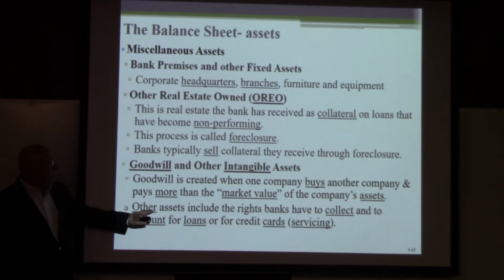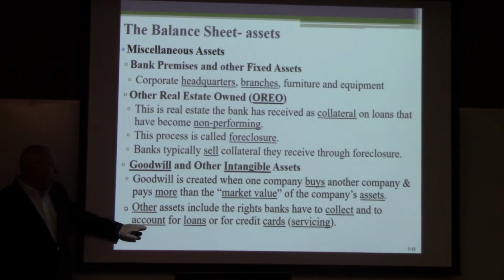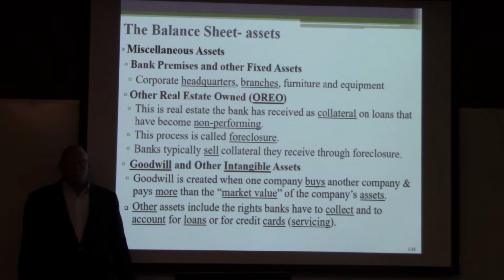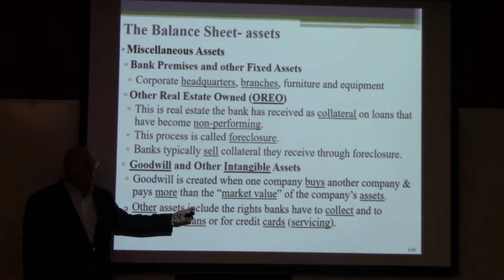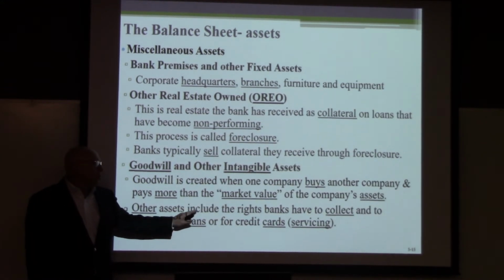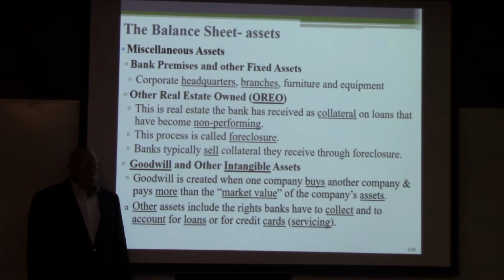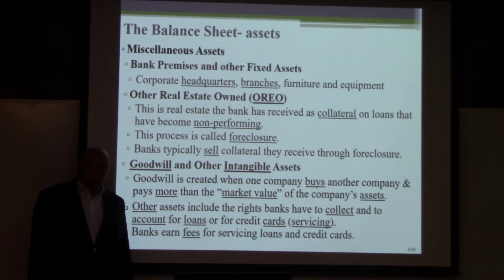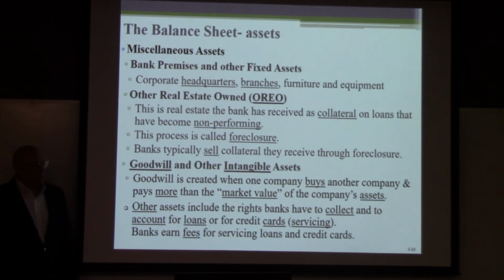Okay? And this is when banks have the right to collect and to account for loans or credit cards. So banks charge fees to collect loans and credit cards. They may not even own the loans, but they have the rights to collect the loans. Okay? And so it's an asset, and it's called servicing.